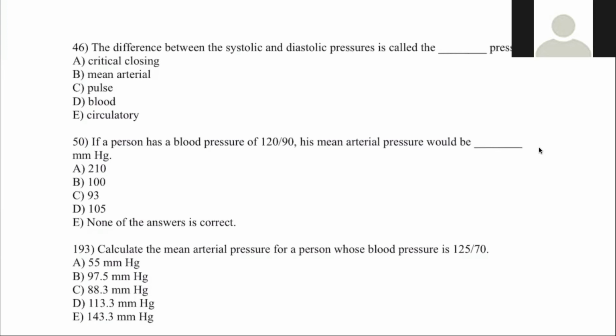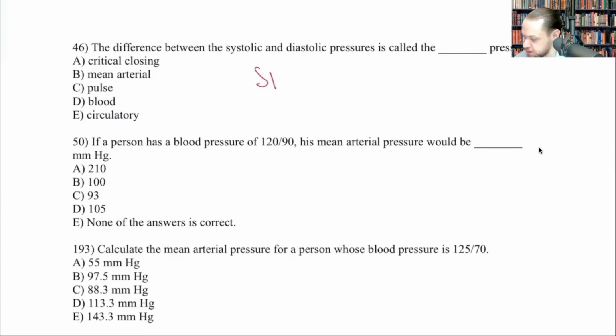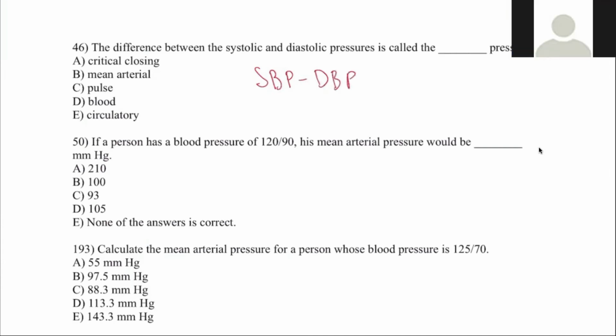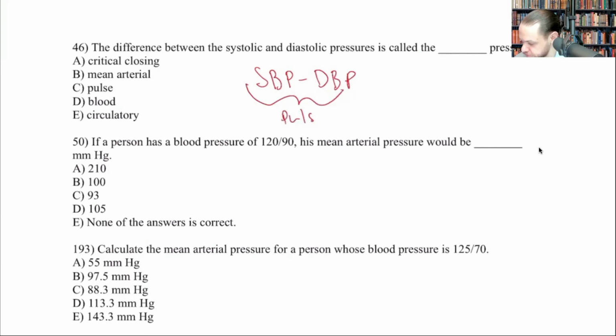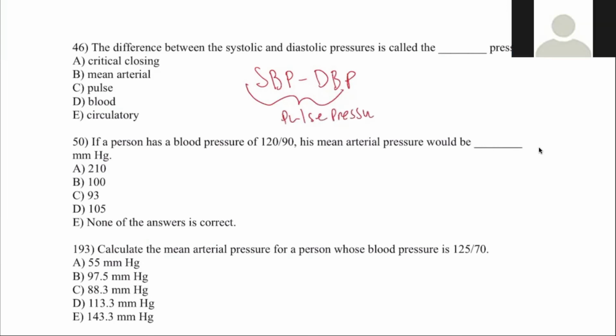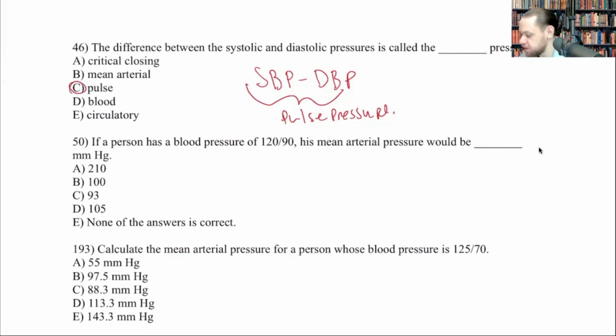Is it E or D? So they're asking systolic blood pressure minus diastolic blood pressure. This is known as the pulse pressure. So here, C is the correct choice.